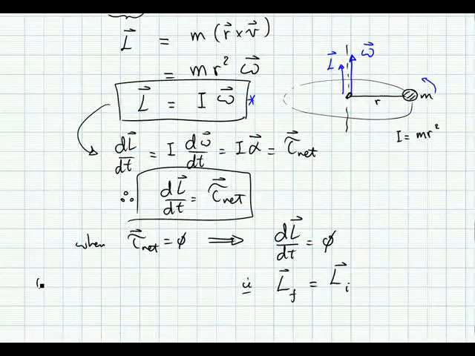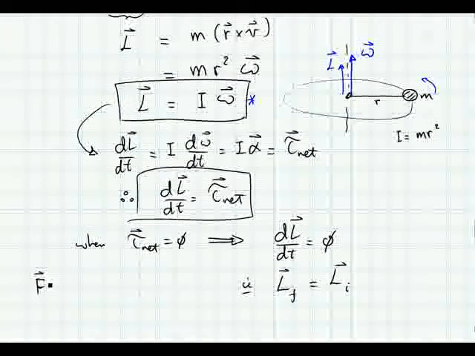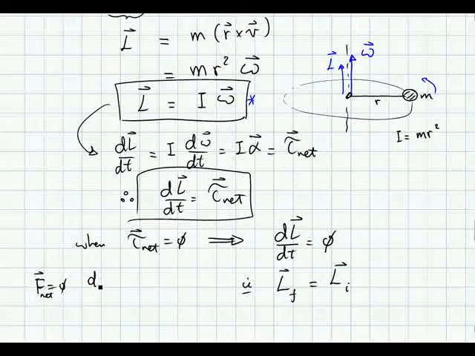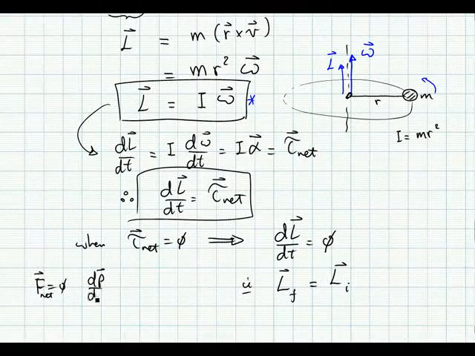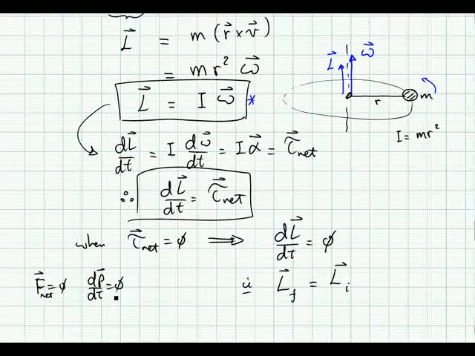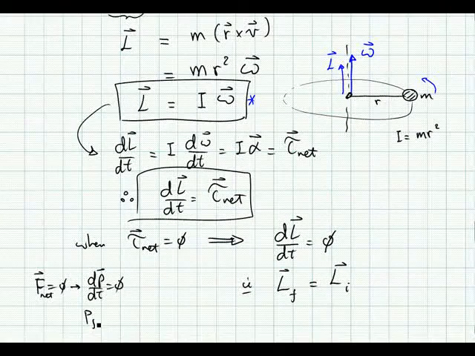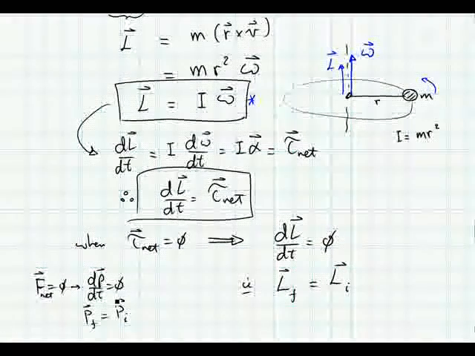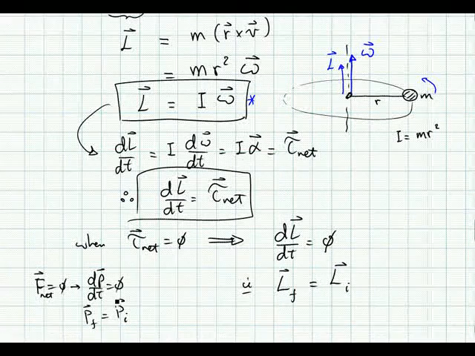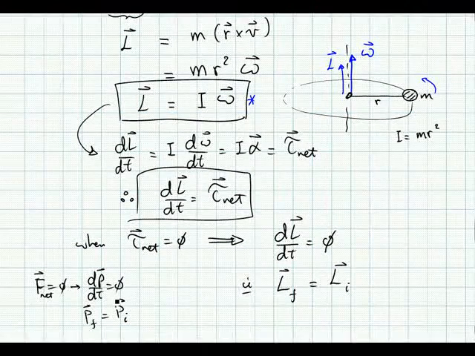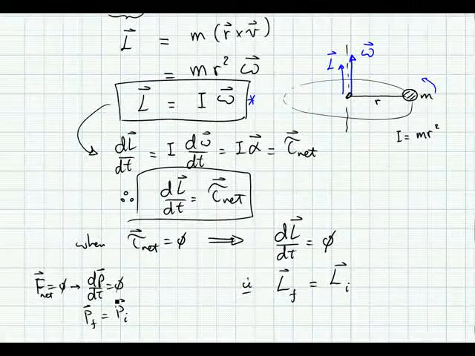Similarly, we had seen earlier that if net force is 0, then dp/dt of course is 0, which means that momentum final is equal to momentum initial. Conservation of linear momentum, when impulse is 0 and the net force acting on the object is 0.